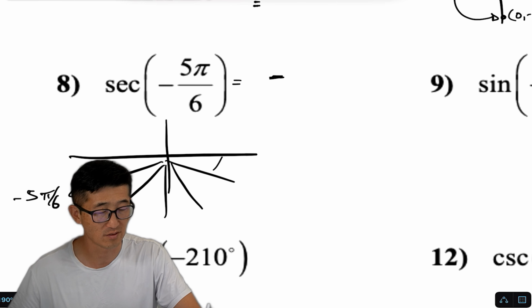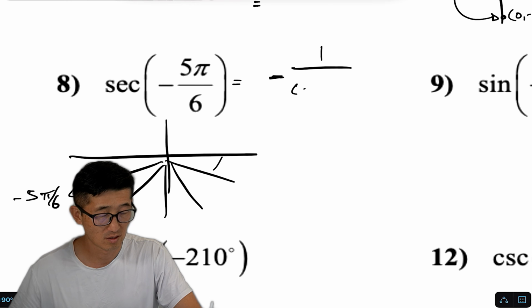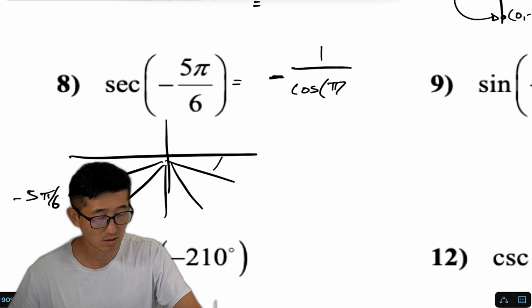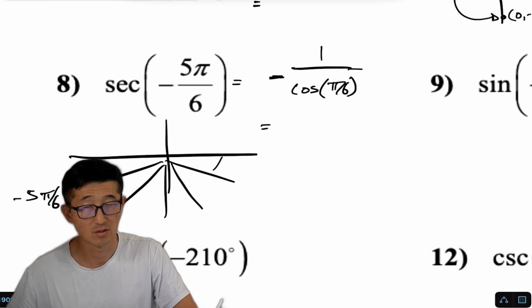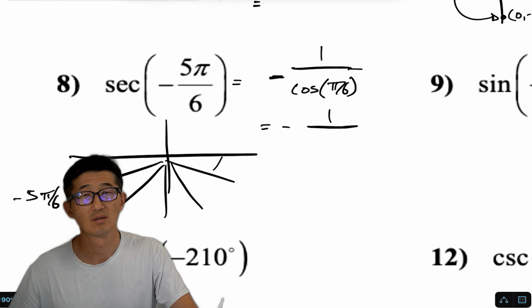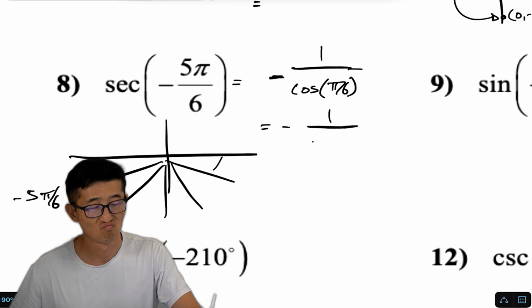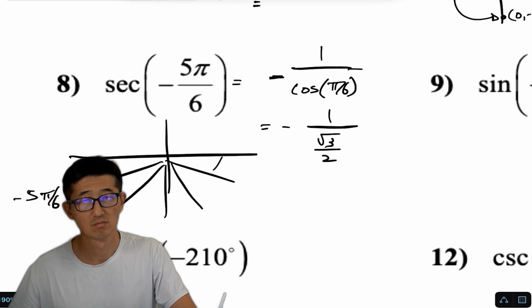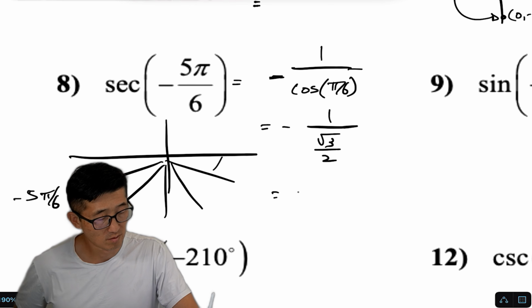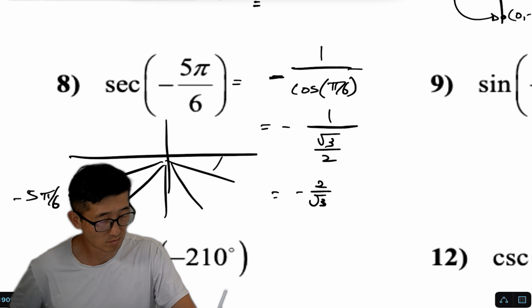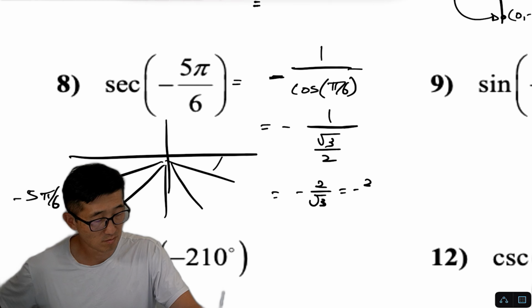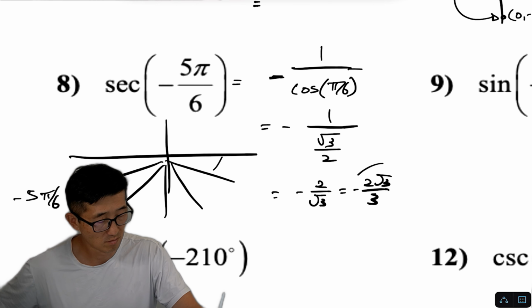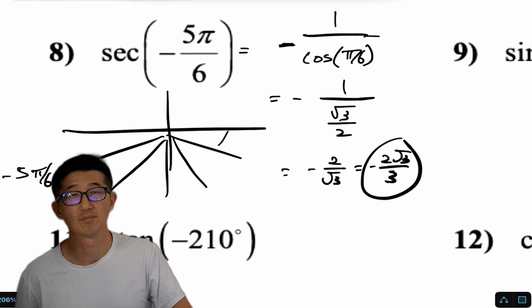So we're going to be negative 1 over cosine pi over 6, negative 1 over 3 over 2, negative 2 over 3. Okay, there's your answer.